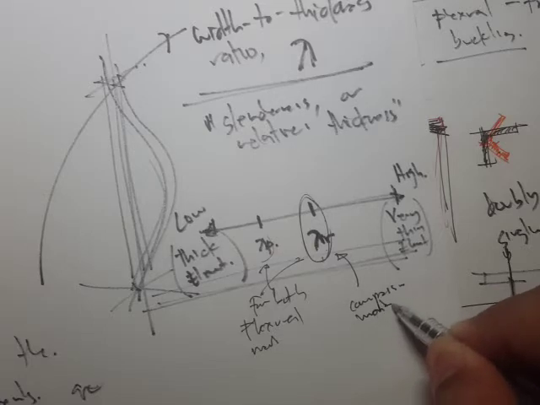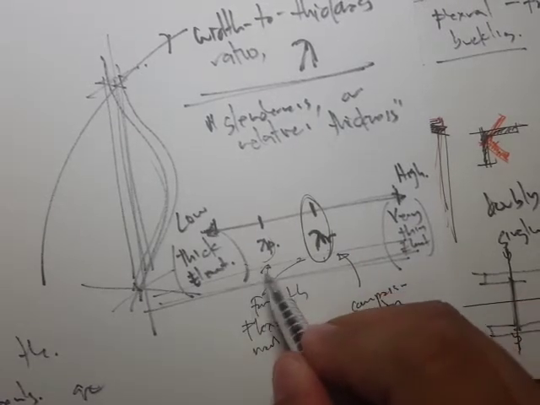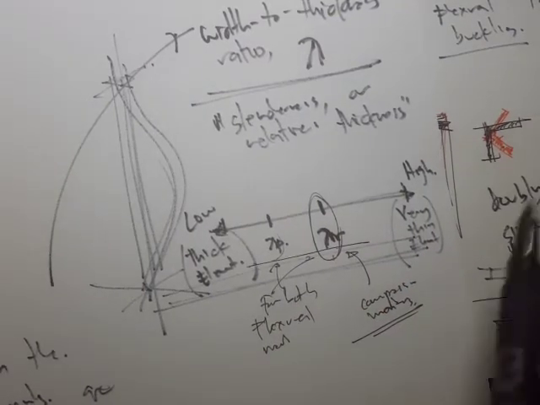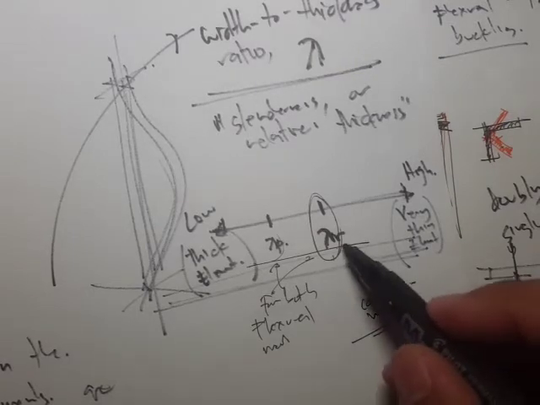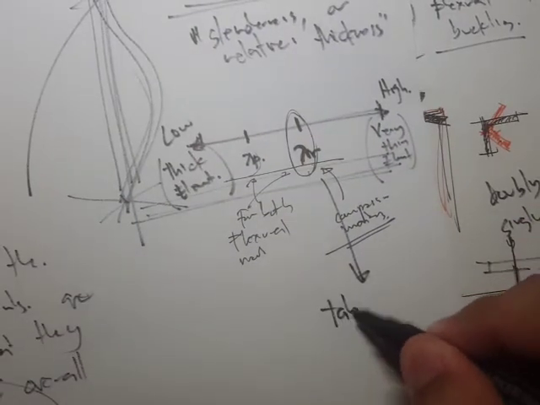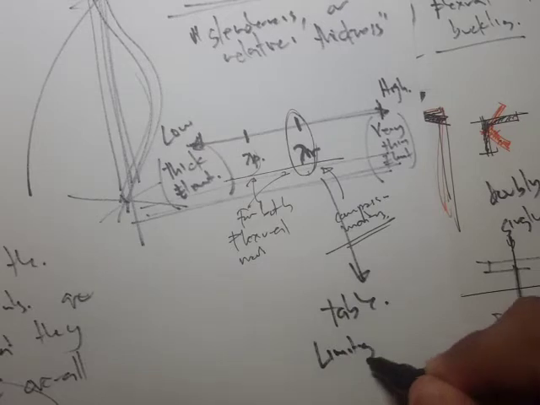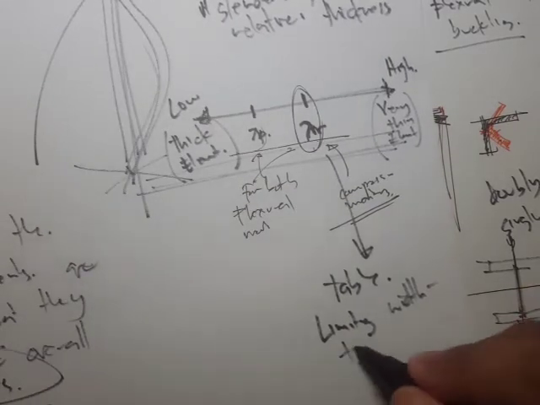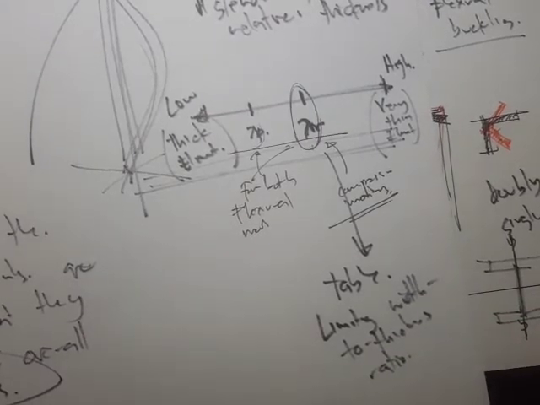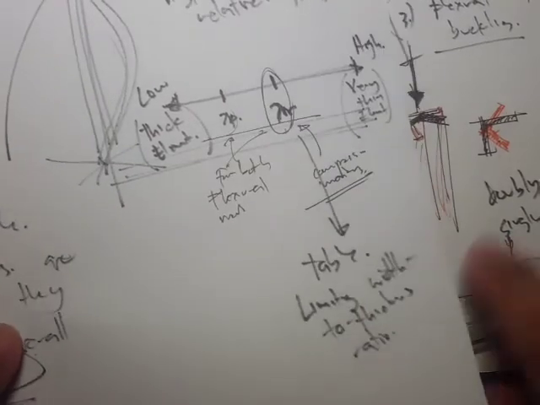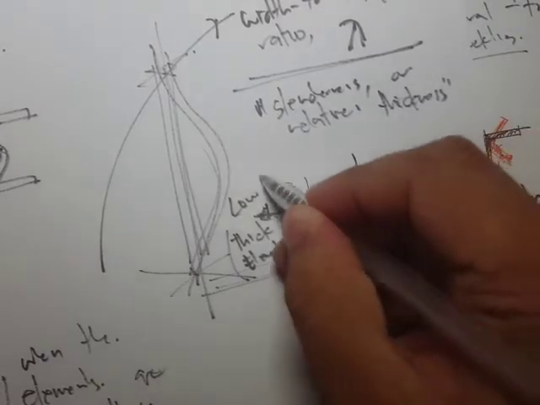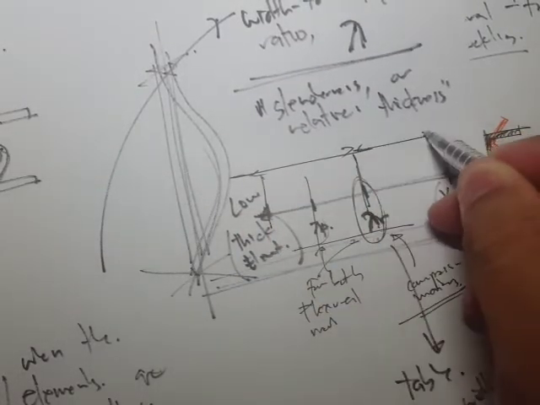The point here is they are actually just limiting values. Okay, so how do we know the value of this lambda sub r? We go to the table regarding the limiting width to thickness ratio. Let me specify this first.